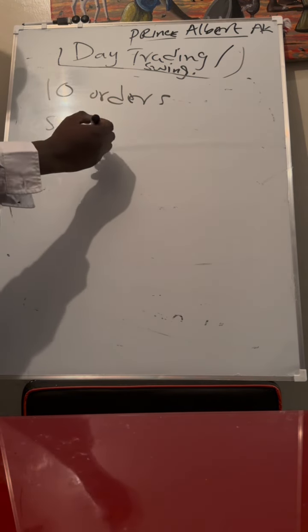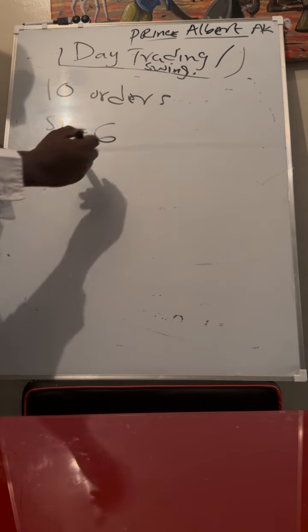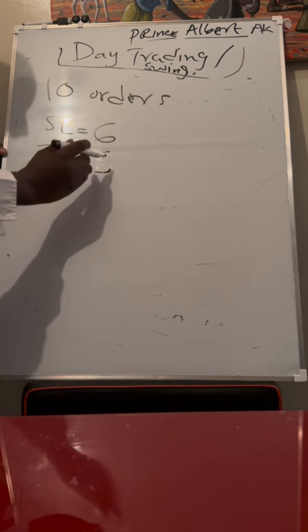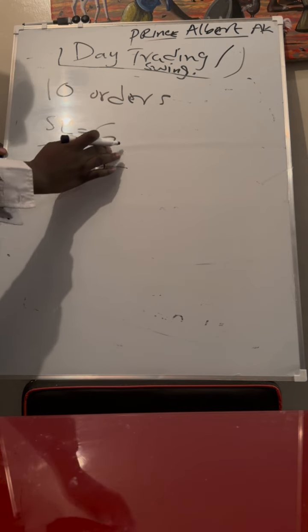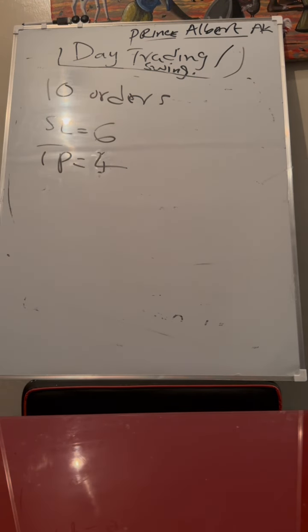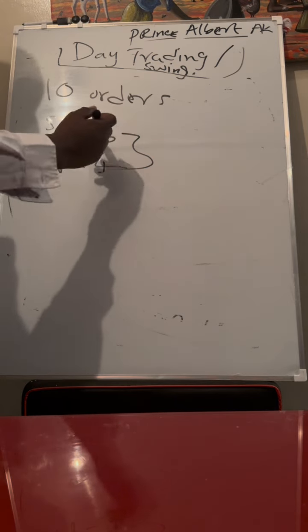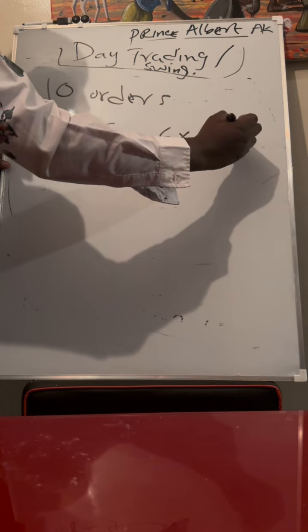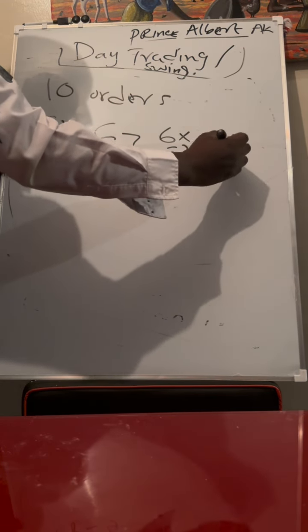Stop loss equals 6. Take profit is equal 5. No, 4, sorry, 4, because it's 10 orders, 4. So when you make stop loss in there, and take profit 4, how many pips have you lost? It's 6 multiplied by 50, which equals 300 pips.